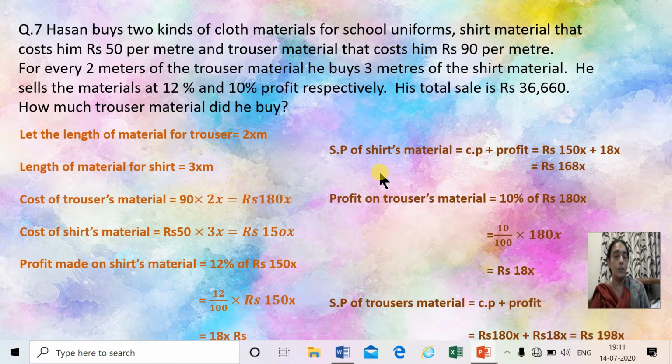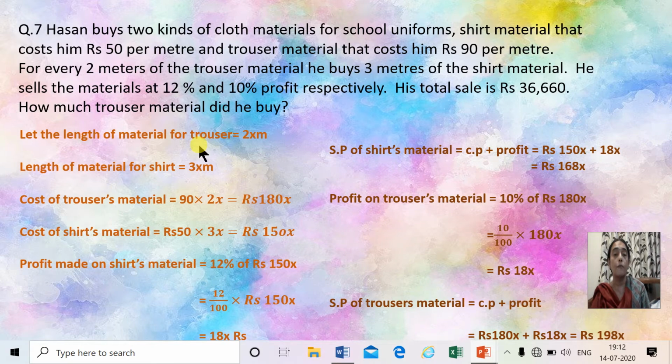All this you have learnt in your smaller classes, so you are making use of what you have already learnt. So the selling price of the shirt material is CP plus profit, which is rupees 150x plus 18x, and you get that as rupees 168x.